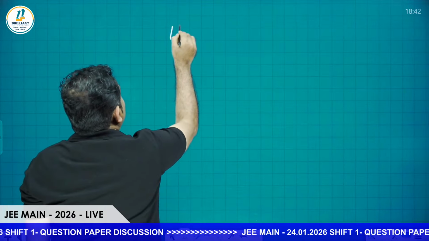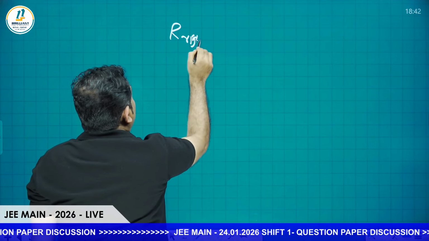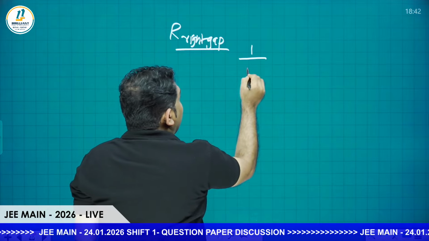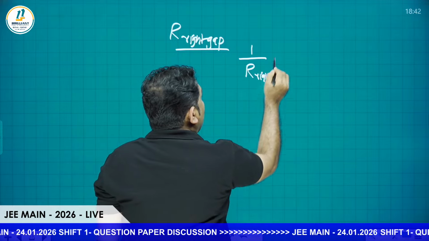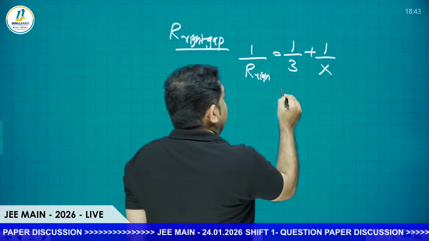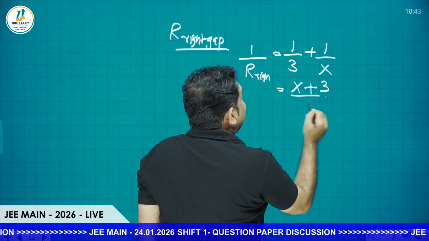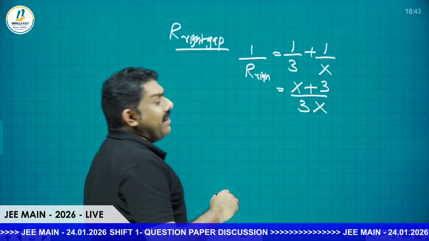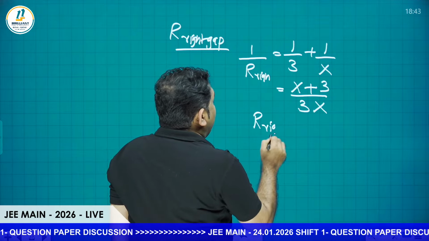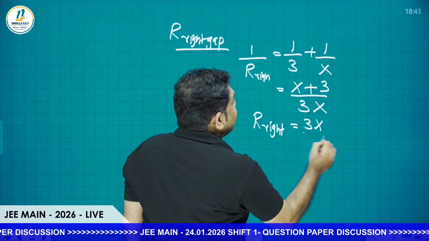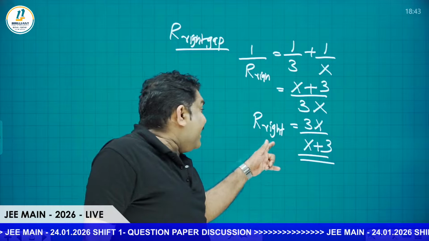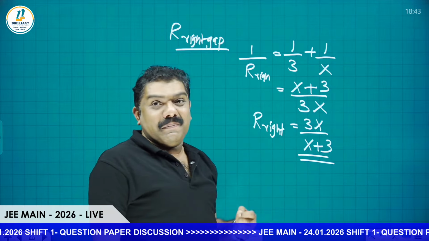Since they are in parallel, 1 by R right is equal to 1 by 3 plus 1 by X. Simplifying that, X plus 3 divided by 3X is 1 by R right. So R right is equal to 3X divided by X plus 3. So the right resistance is 3X by X plus 3.